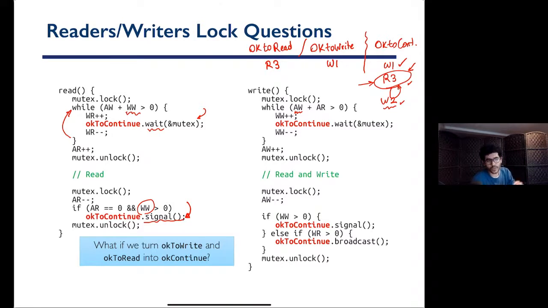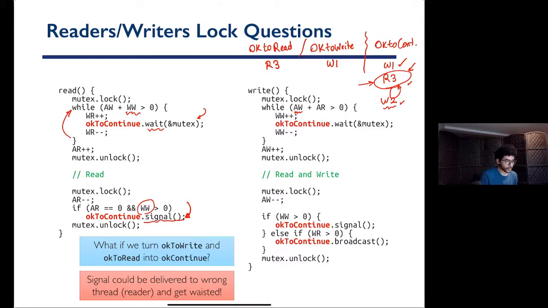So most of the ones that I know, they don't guarantee anything. They just say that if you're waiting and if there are enough signals, then you eventually will wake up. But there is no guarantee on the order at which you're going to wake up, okay? Now let's continue.